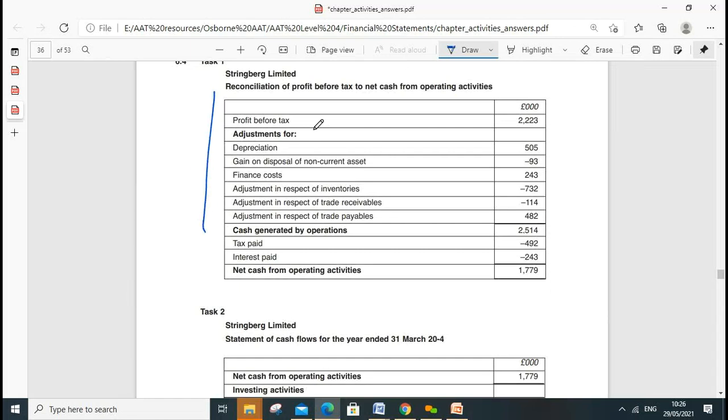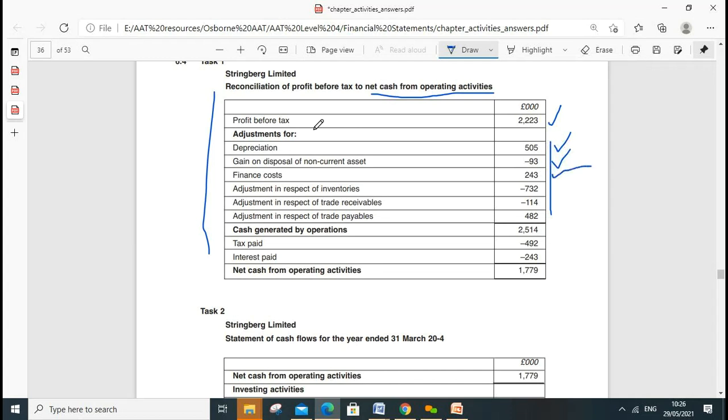So first we normally do operating activities, because operating means our normal business. Profit before tax. Depreciation is a non-cash expense which we deducted in the first place, so we add it back. A gain we put as a profit, so now we deduct it.